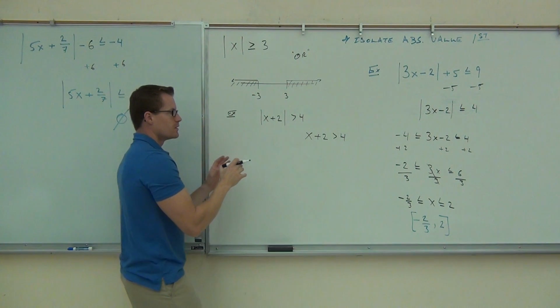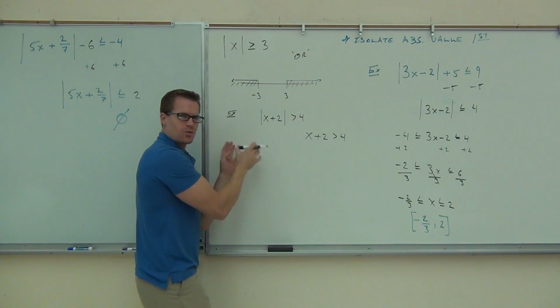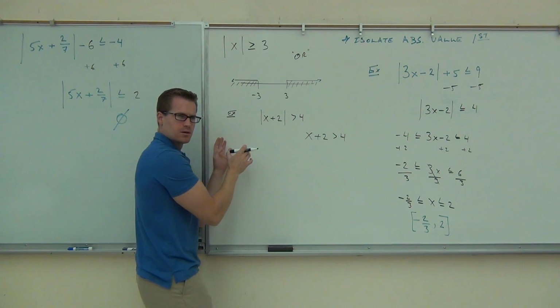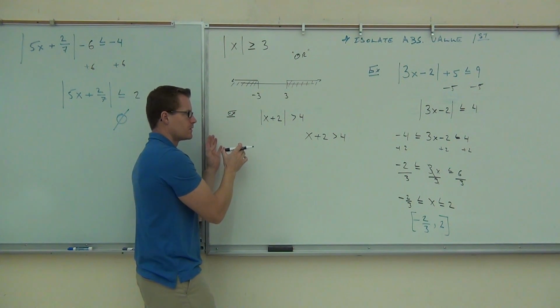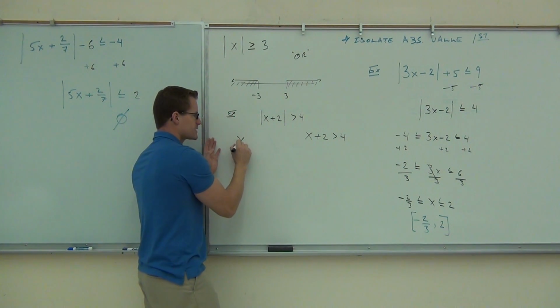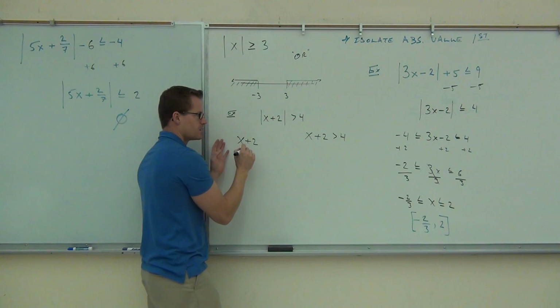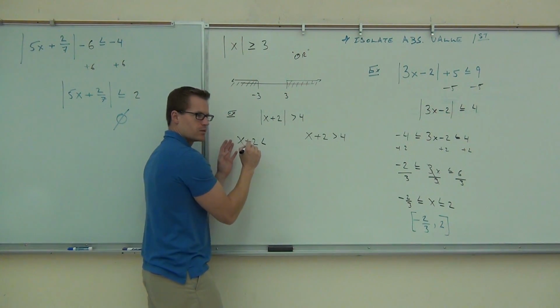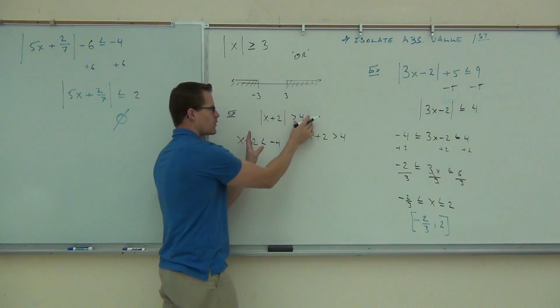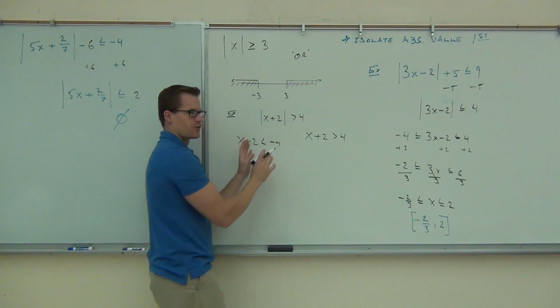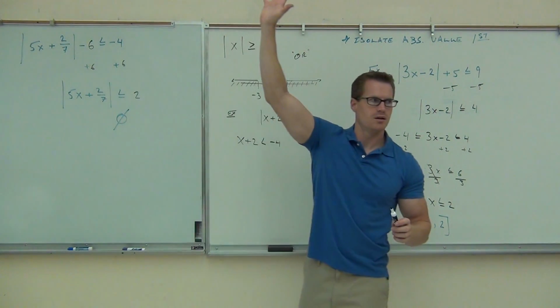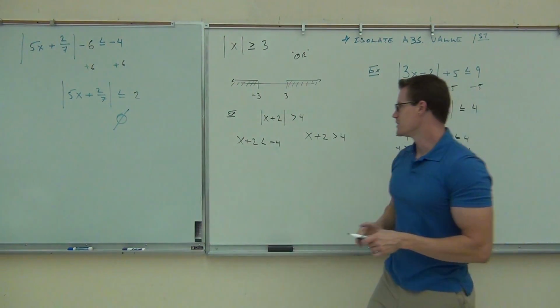Let's do the other one. What's the other one that I'm talking about? What do we have to write down? Okay, so tell me exactly what I need to write. X plus 2 and then less than what now? Perfect. Notice how we're changing the sign of the number and we're flipping the sign. Raise your hand if you're okay with that. Good, that's fantastic. That's exactly what we need to be right now.